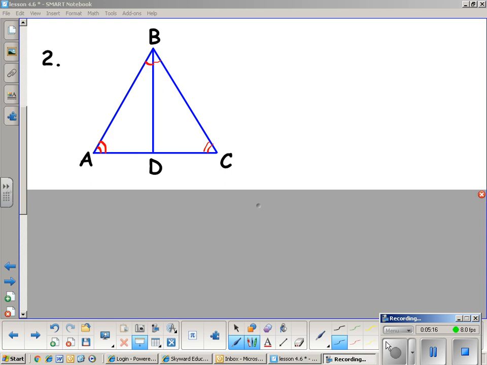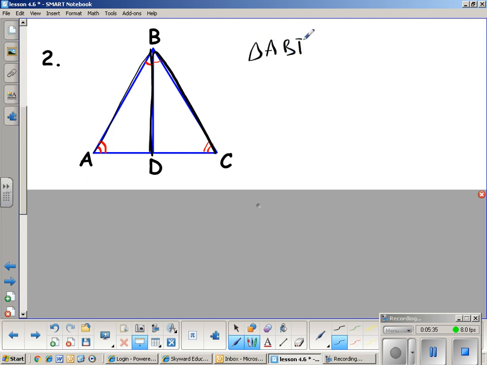Triangle ABD congruent to CBD. Good. So starting with the 2 marked angle up to the 1 marked angle along this side, you do the same over here, C and B and D. So triangle ABD congruent to triangle CBD.